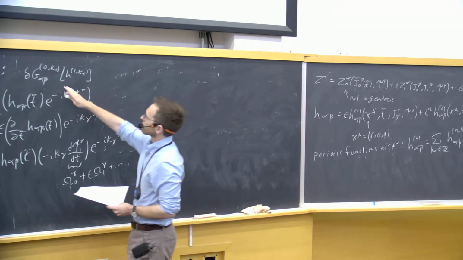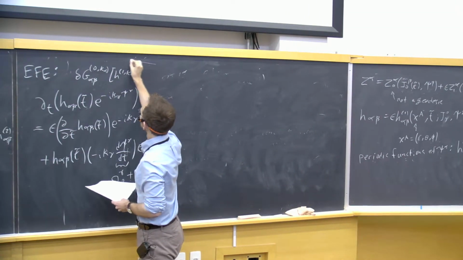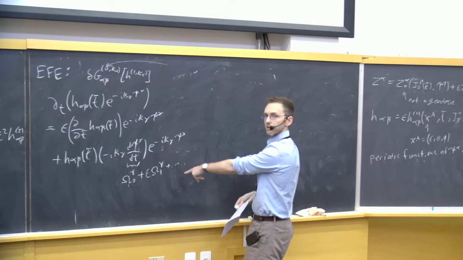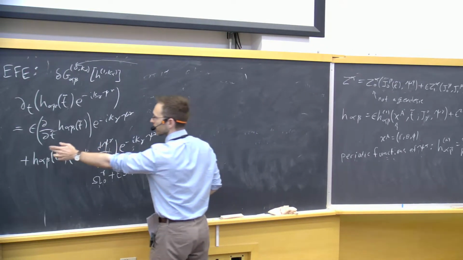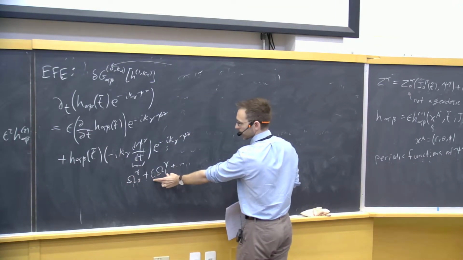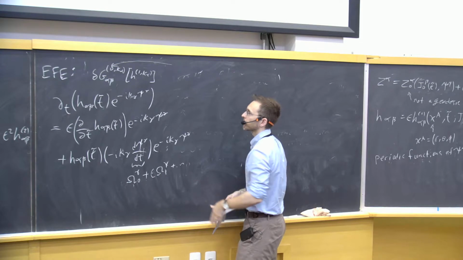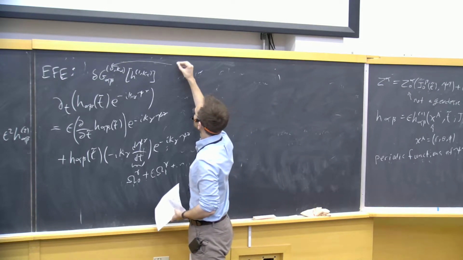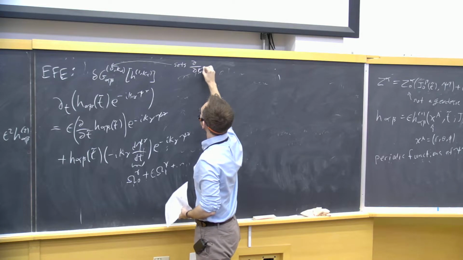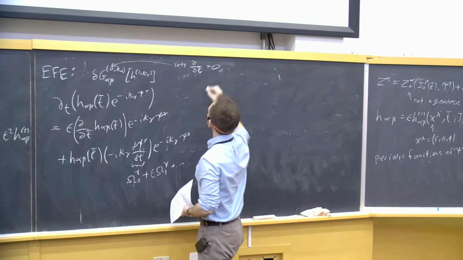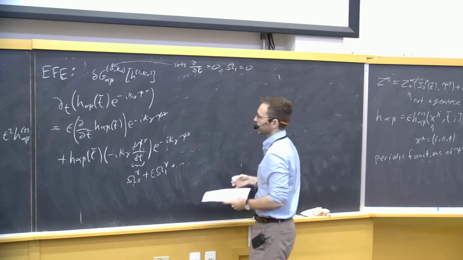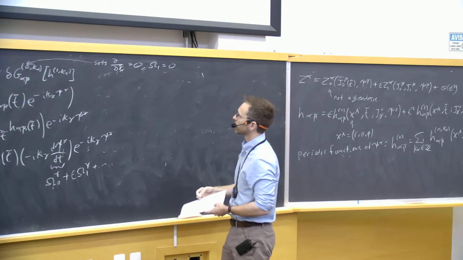So when I write this 0, I'm excluding the order epsilon pieces in this expression. So I'm excluding derivatives, and I'm excluding corrections to the orbital frequency. So slow time derivative is set to 0, and omega 1 is set to 0, and all the higher order omegas.